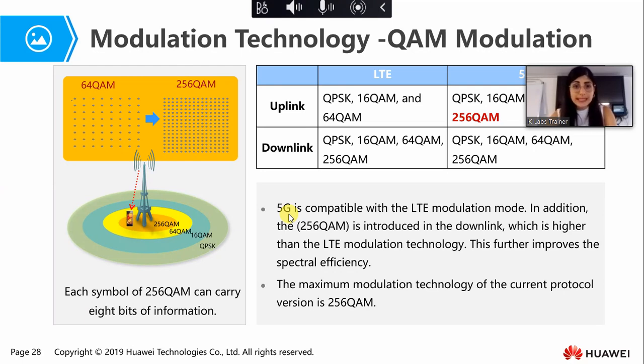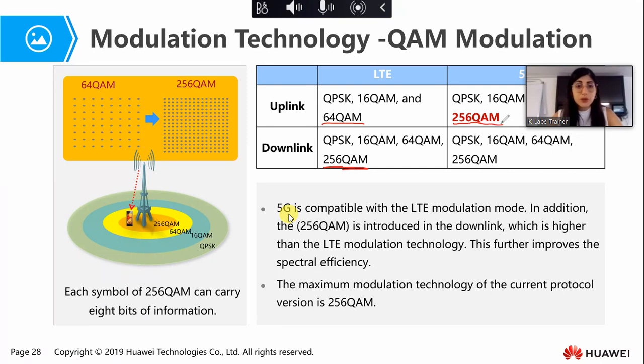So with LTE, we used up to 64 QAM in Uplink and up to 256 QAM in Downlink. In 5G, we support in Uplink also 256 QAM to improve the spectral efficiency.